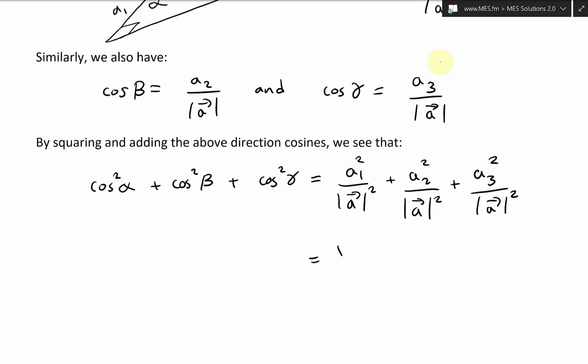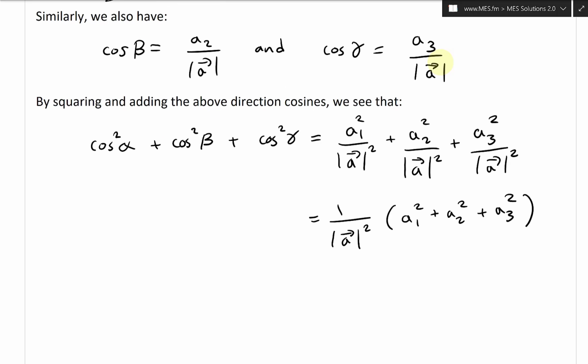Factor it out like this. Now we get a1 squared plus a2 squared plus a3 squared, and that is just the three-dimensional trigonometric function, which is going to be the length a squared.